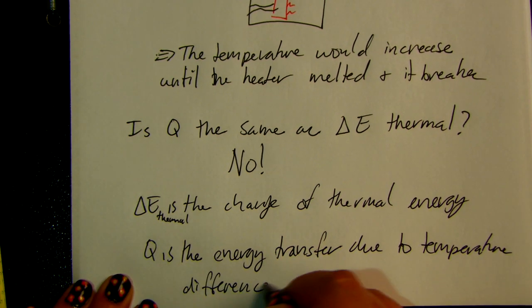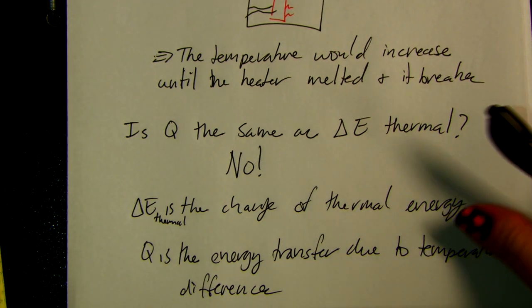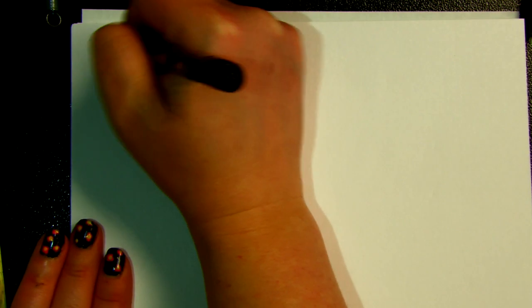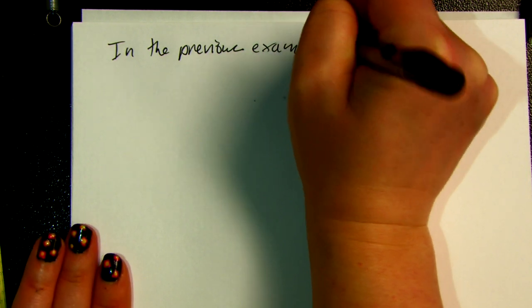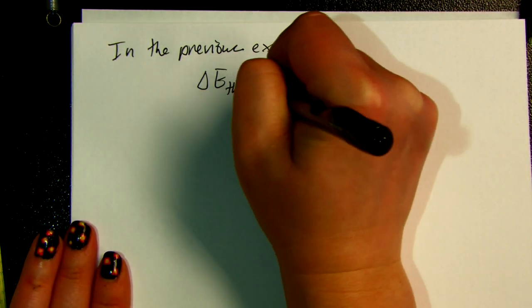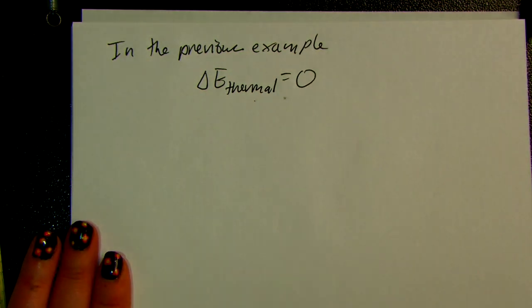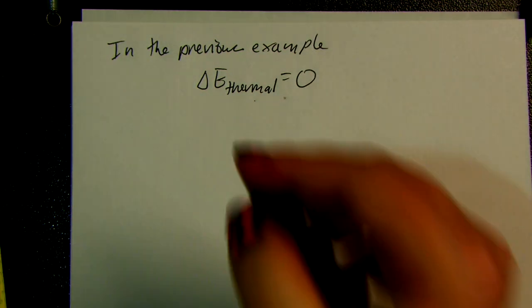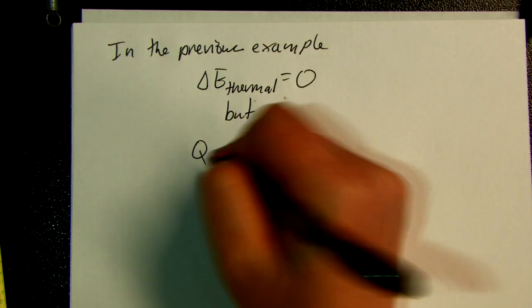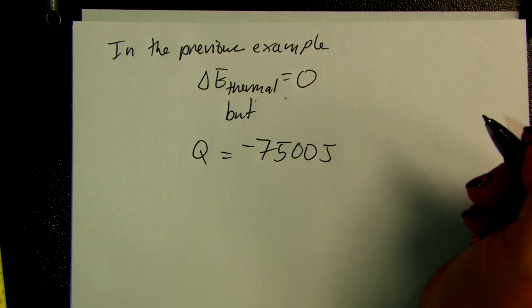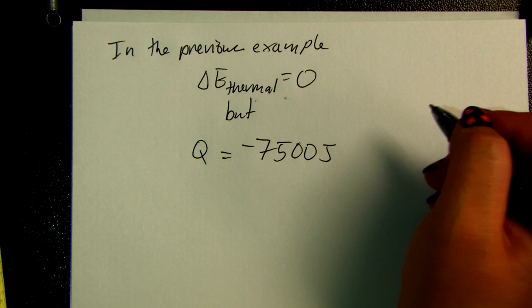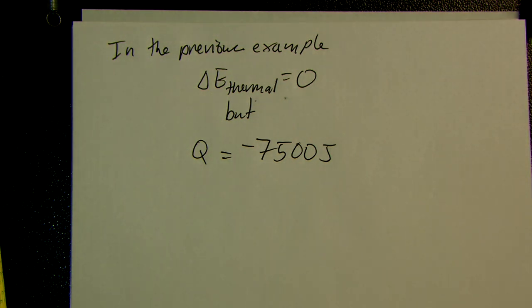These are two different concepts. Do not use them interchangeably. In the previous example, delta E thermal was equal to 0 because it was maintaining a constant temperature, but Q was equal to minus 7,500 joules. So it was getting Q, but maintaining the same 0 change in thermal energy.